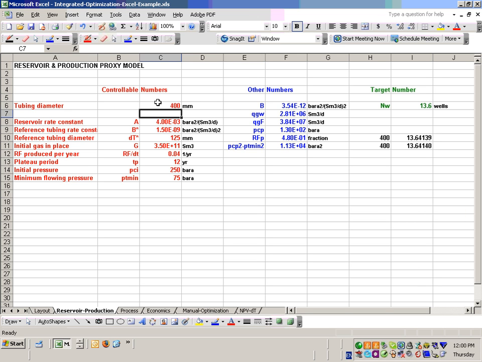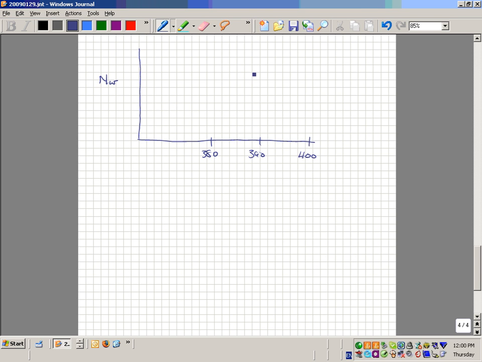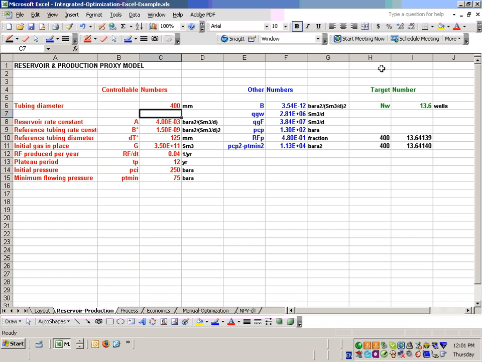So my suspicion is that the derivative it's getting is not reliable because it's very flat. There's very little change in the number of wells around here. So this function is very, very flat. Basically it's asymptotic. There's an asymptote here when it goes to infinity, which might be 13.642.